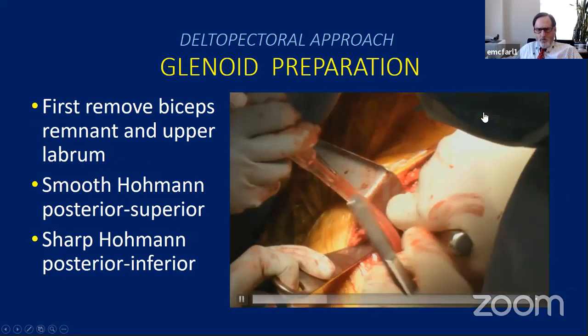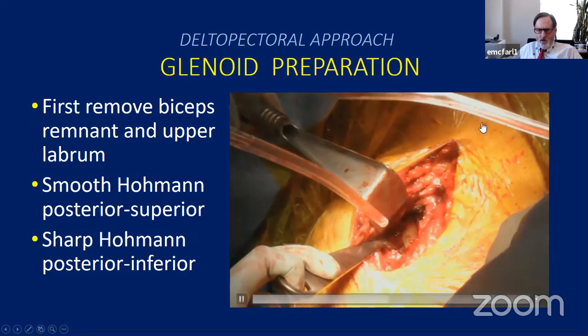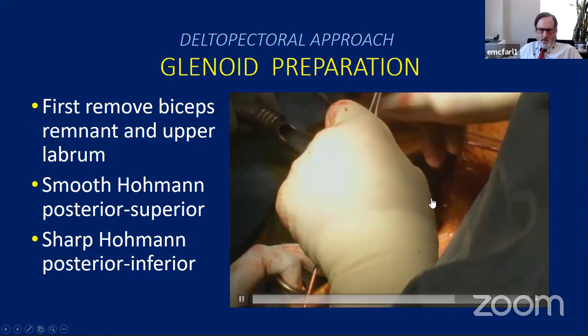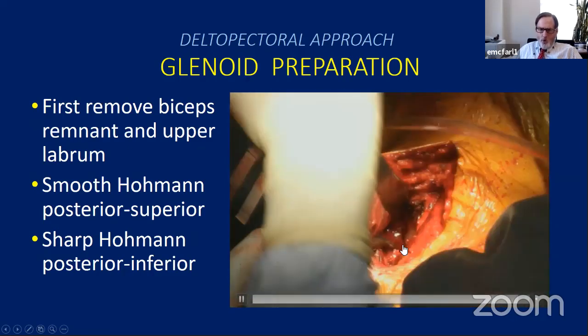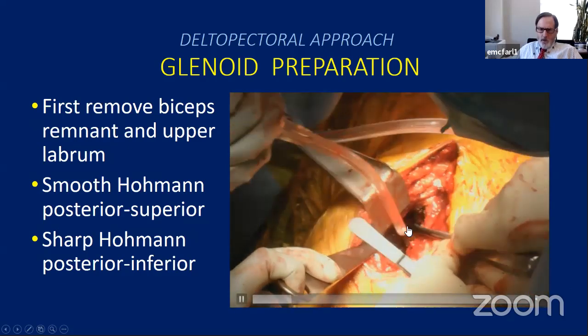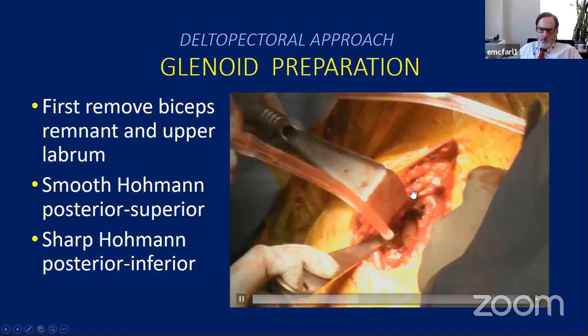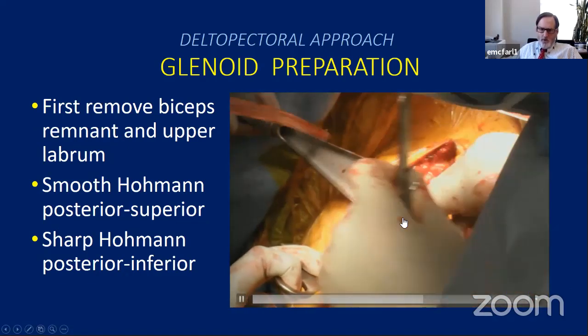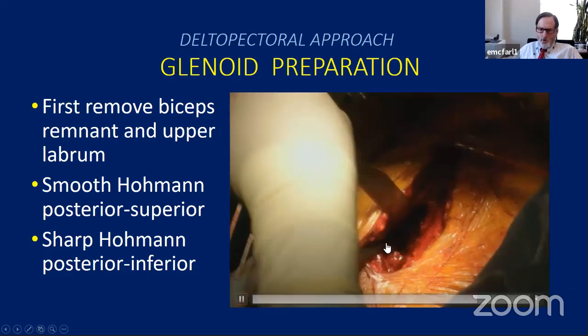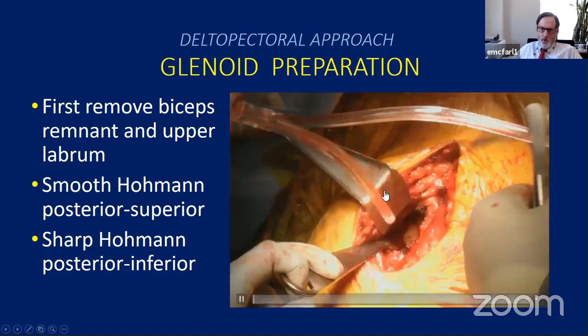So the next thing you do is prepare the glenoid. This is probably the most challenging part. First thing you do is you take the biceps tendon out. I usually put a sharp Homan posteriorly, inferiorly, and then remove the biceps tendon up here. And then I punch a little hole in the capsule and put a smooth Homan up there. What that does is get you a pretty good straight look at the remainder of the glenoid.